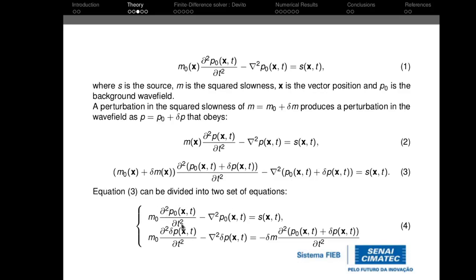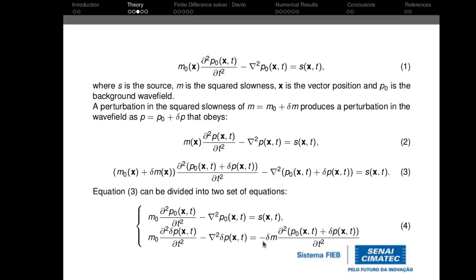The equation here with p0 is called the background wave field, and the second equation has the delta P, which is the scattered wave field. With the Born approximation, we can neglect the delta P in this term.